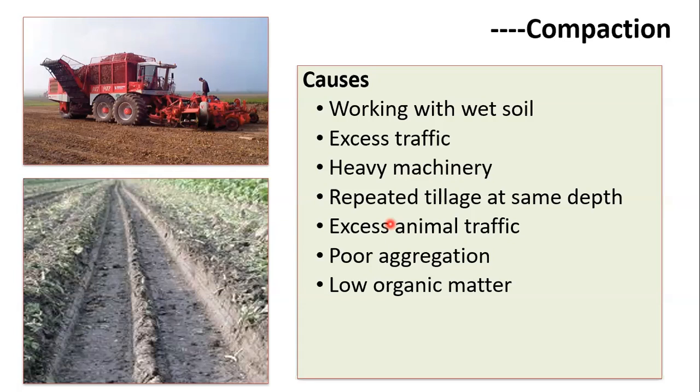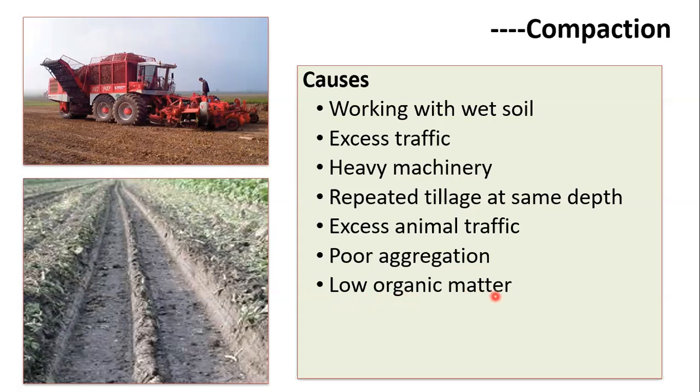If we have one layer there, then there will be deposition of clay above it, and that will cause compaction. Excess animal traffic we have already discussed. Poor aggregation, if our soil is not aggregated, can also cause compaction, because the soil particles are dispersed and they can clog the pore spaces.